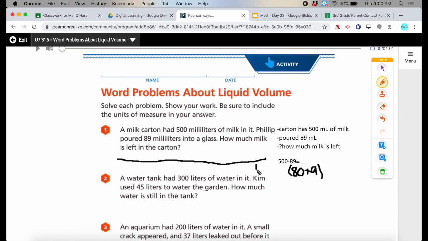And start at 500 minus 50, just like I know that 100 minus 50 is 50, 500 minus 50 would be 450. Now I'm going to take away 30. Which is 420.